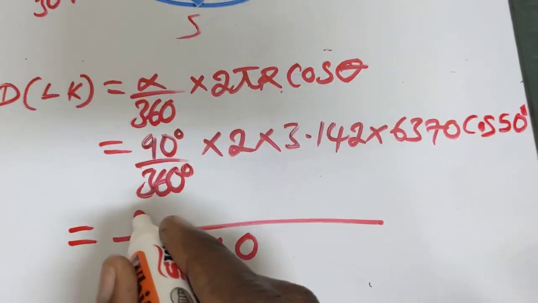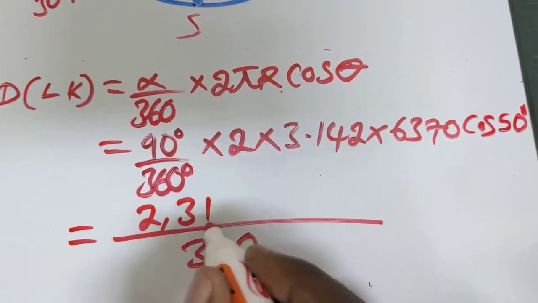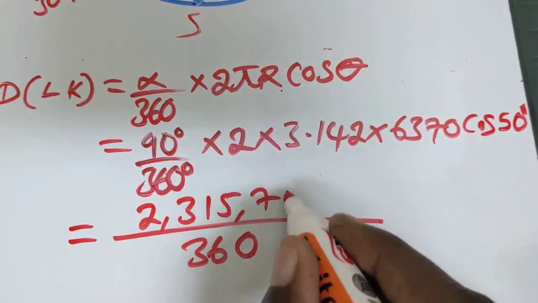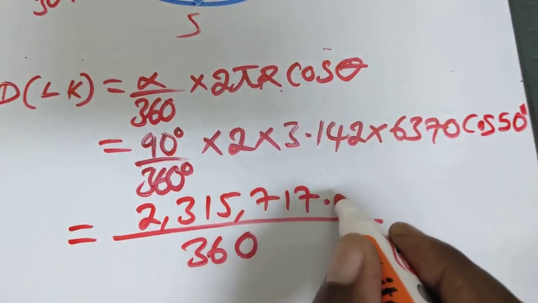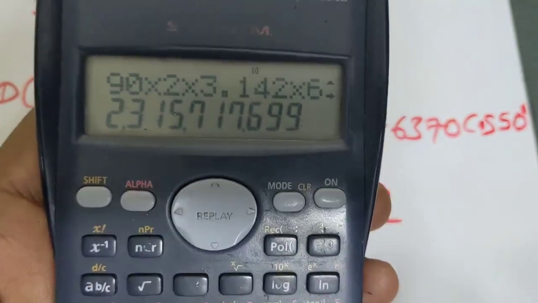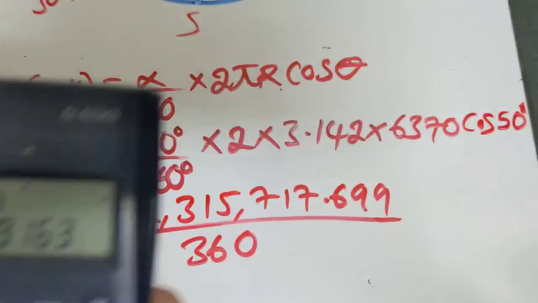As simple as that. So you find 2315717.699. Then you divide this same answer by 360. As simple as that.